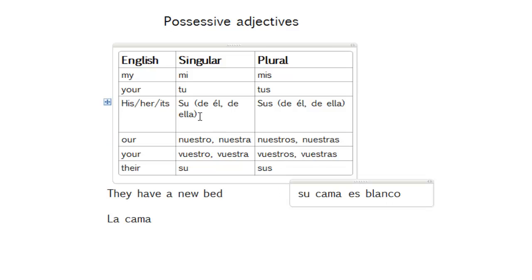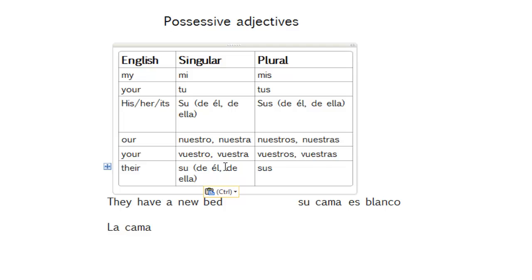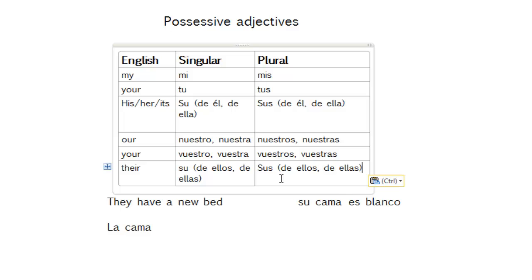Right, now we can do this, but instead of el, ellos, instead of ella, ellas. And we do that with that one as well. Okay. So really this is maybe if you're talking, you're not going to use this.